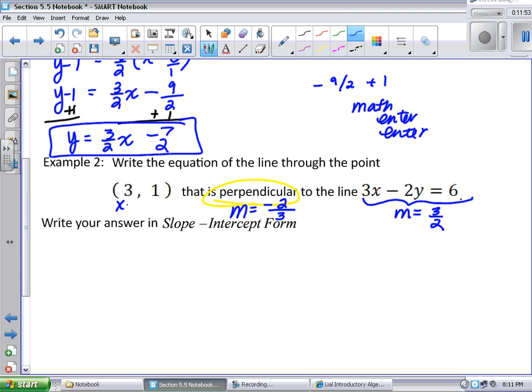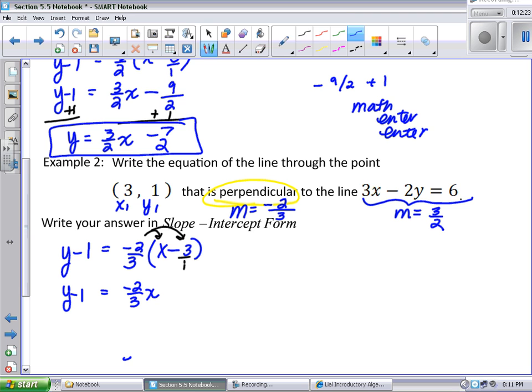We still have x1, y1. So our formula becomes y minus, y1 is 1, equals -2/3 times x minus, our x1 value is 3. Again, we're going to distribute to get rid of our parentheses. Think of that as 3 over 1. And we get y minus 1 equals -2/3 x, -2/3 times -3.